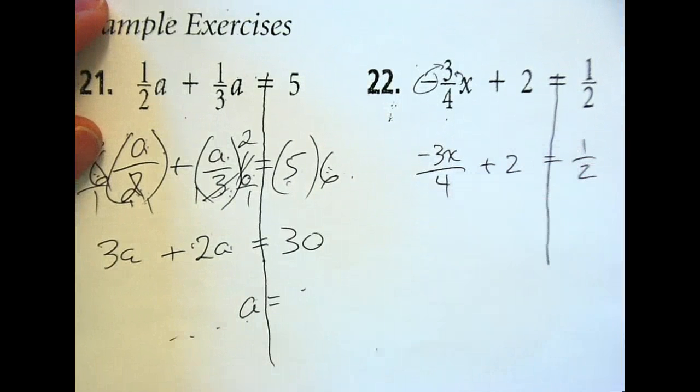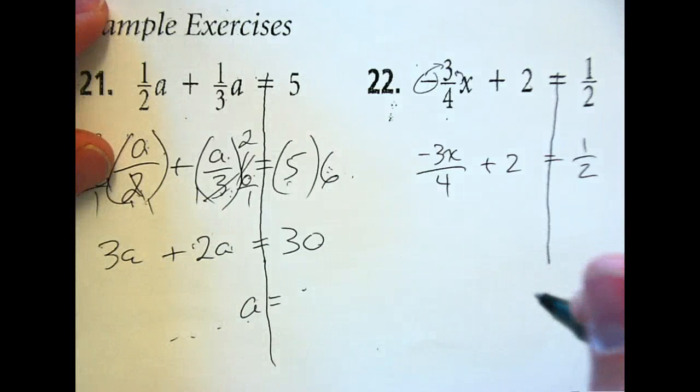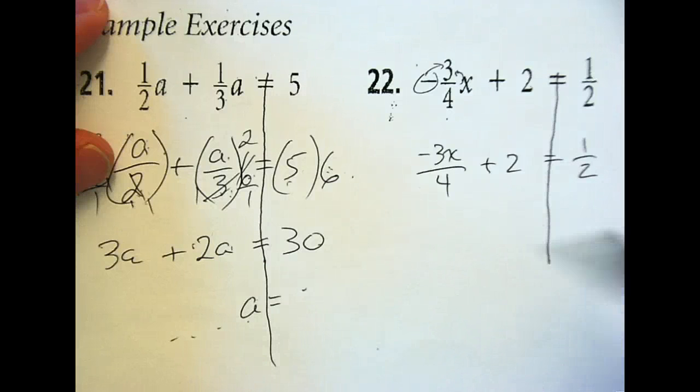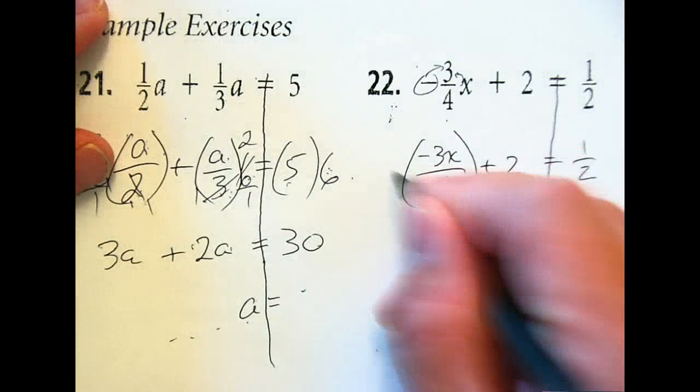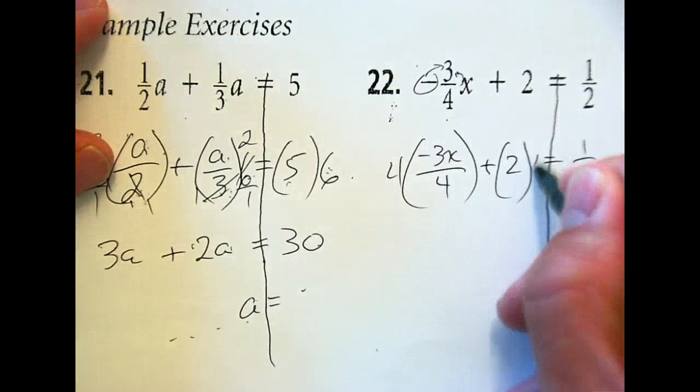Everyone, what's the common denominator? It's 4, right? If you said 8, that's fine. It would still work, but it's 4. It's not 2. 2 is like a factor. Common denominator, least common multiple is 4. So if I multiply this by 4, this by 4, and this by 4.